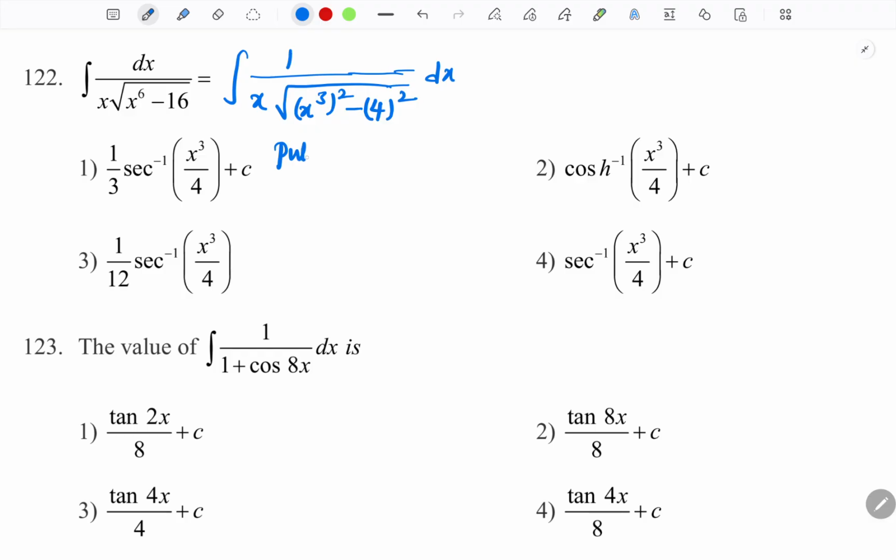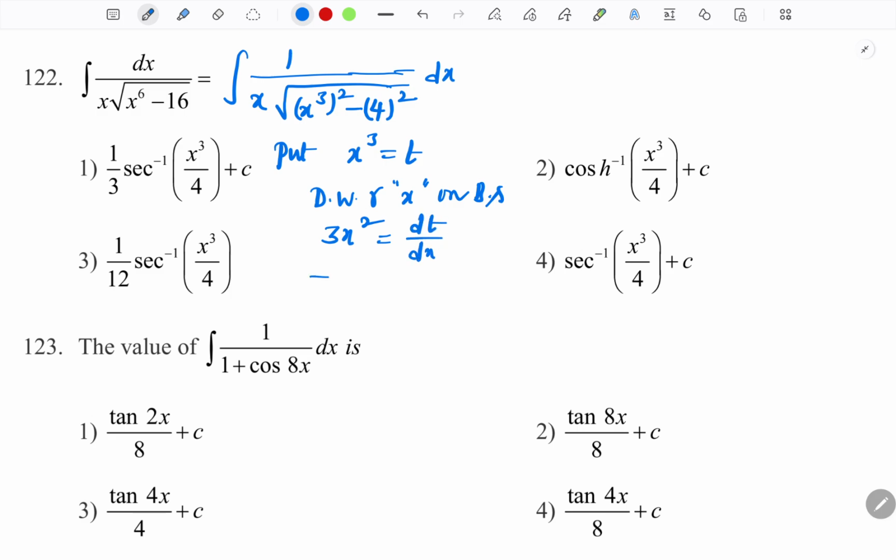Okay, take substitution, then put x cube equal to t. Whenever there is a substitution, right, immediately what should we do in integration? Differentiate with respect to x on both sides. Then the derivative of x cube is 3x square, and the derivative with respect to x of the function t is dt by dx.